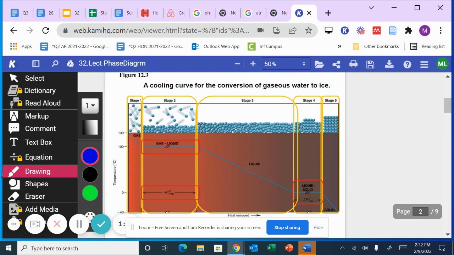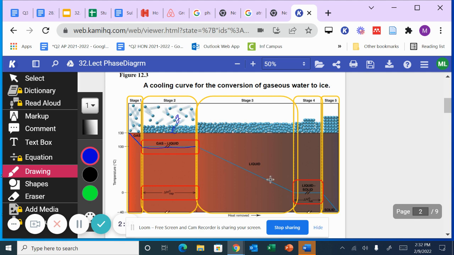This is a cooling curve for water. So first you're really hot, so it's a gas, and you cool it, and the gas particles are moving like this, as you can see. There are no intermolecular forces. As you hit 100 degrees, the gas will condense, and here we have two phases coexisting at equilibrium. We have liquid and gas, okay?